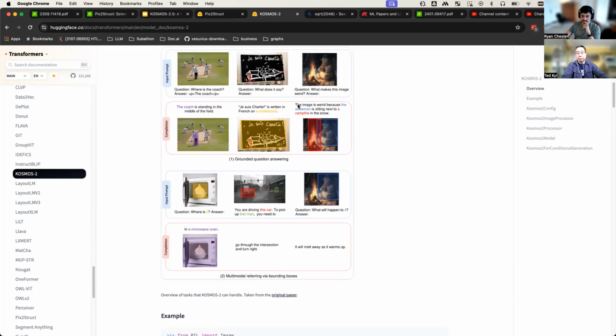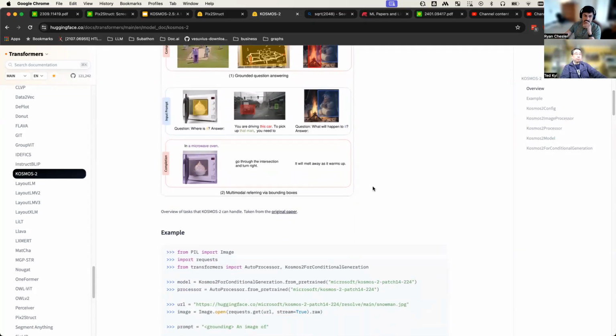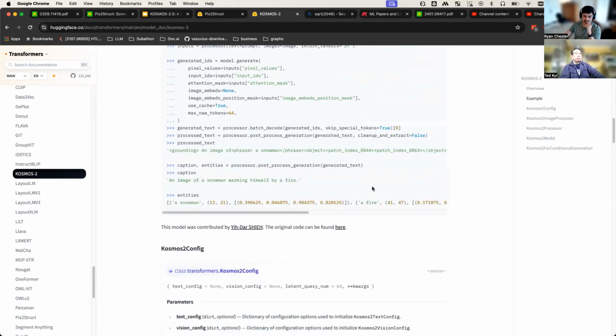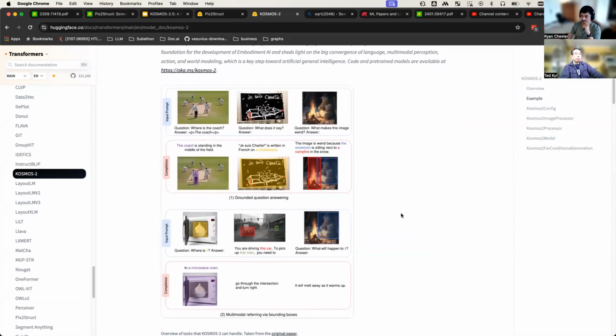It can do it on the input and the output. The model itself can output a bounding box and say, I was looking at this thing and here's this and here's that. So I thought it was interesting how flexible this format is, that it can do bounding boxes in and bounding boxes out as well.